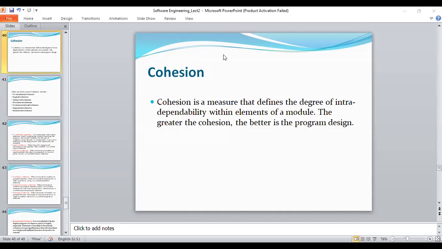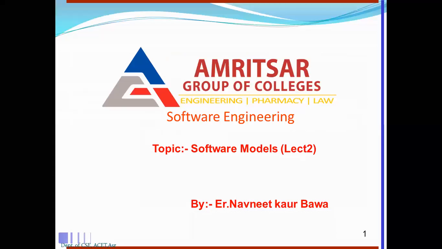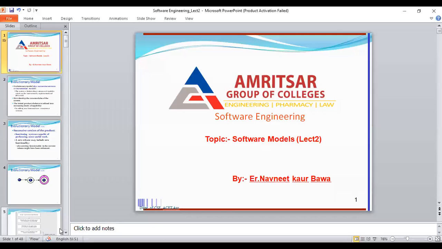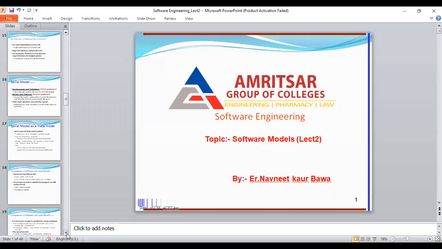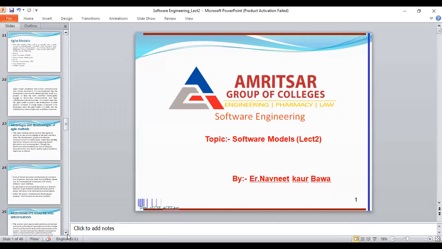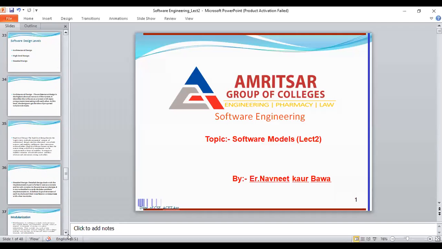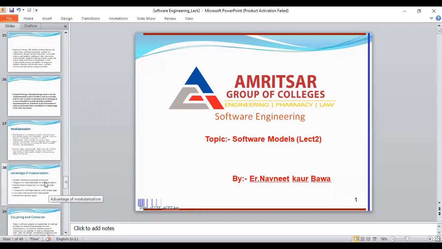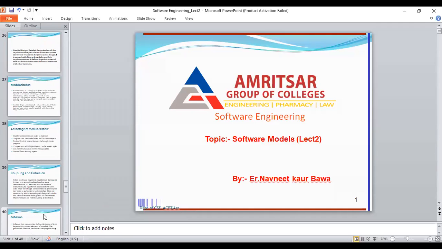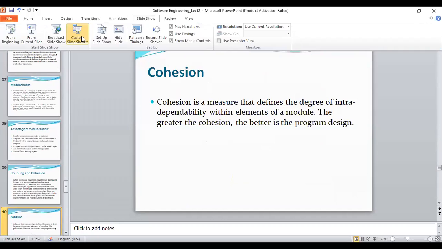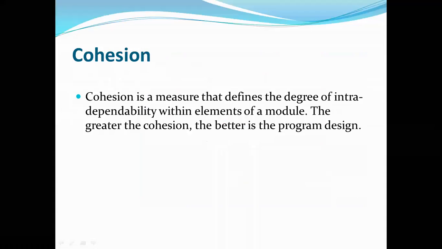Cohesion is a measure that defines the degree of interdependability within the elements of a module.